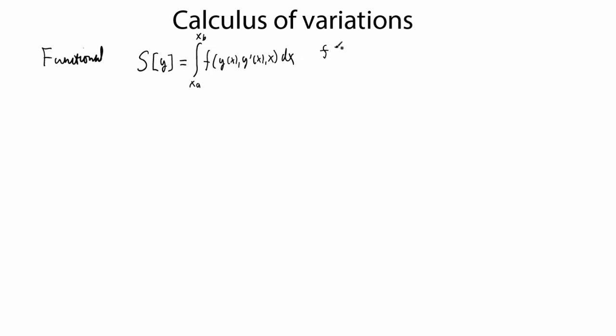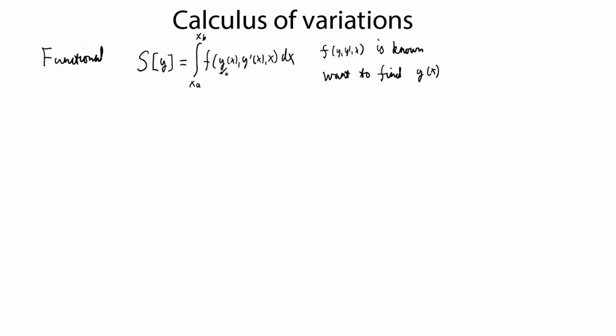So f of y, y prime, and x is known in principle, although we're not going to specify it when we do the derivation. But what we're trying to determine is y of x. Okay, so that's our problem.